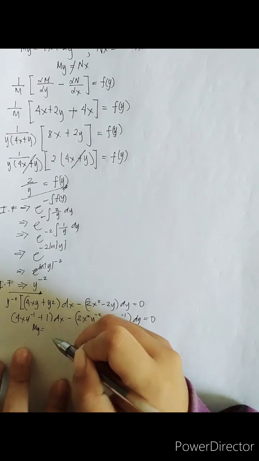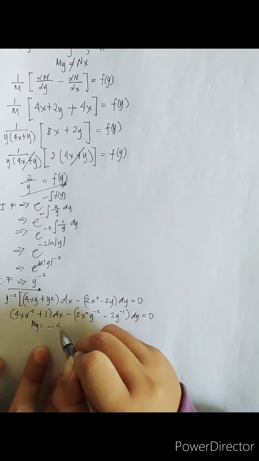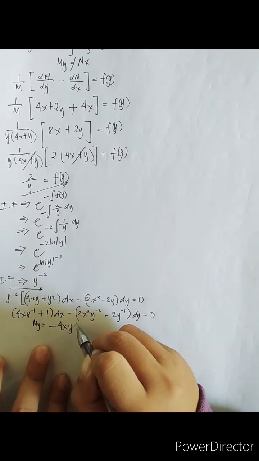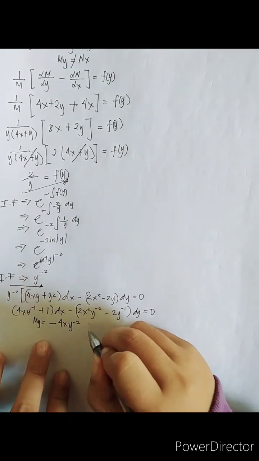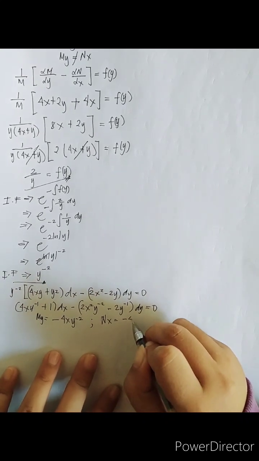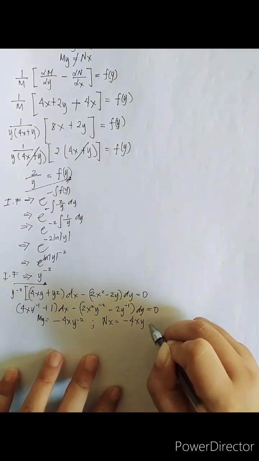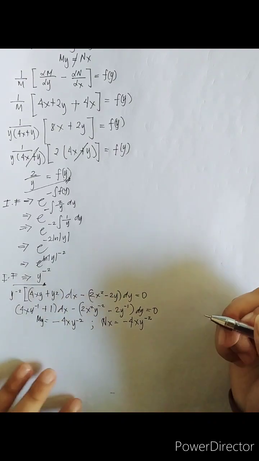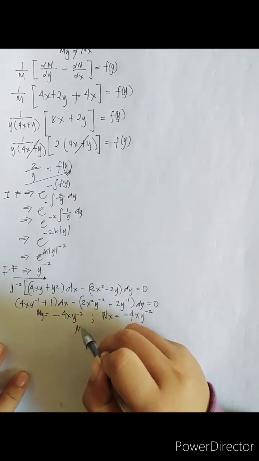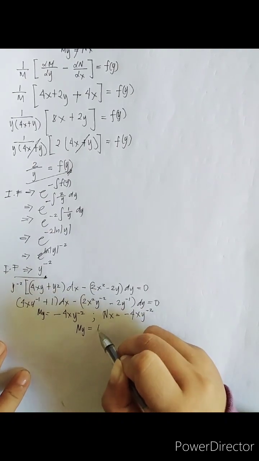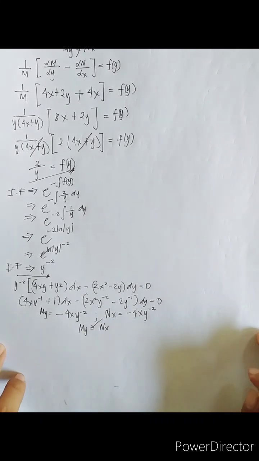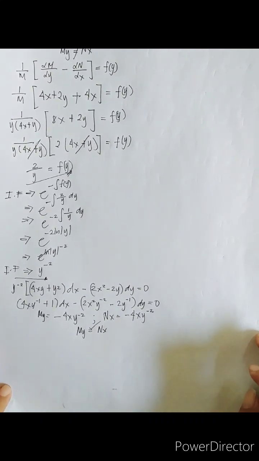My is equal to negative 4x y raised to negative 2, and our Nx will be negative 4x y raised to negative 2. So, as we can see now, our My is already equal to our Nx. Then the equation is already an exact differential equation.